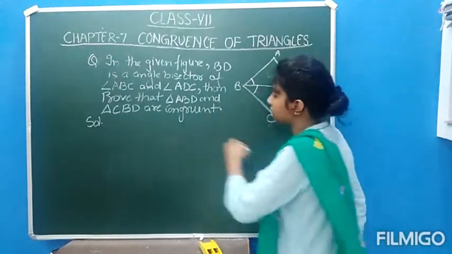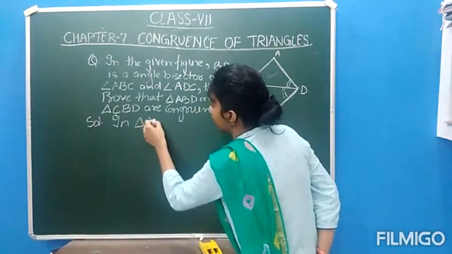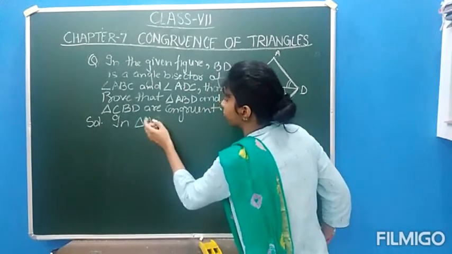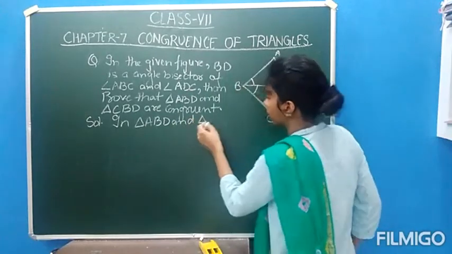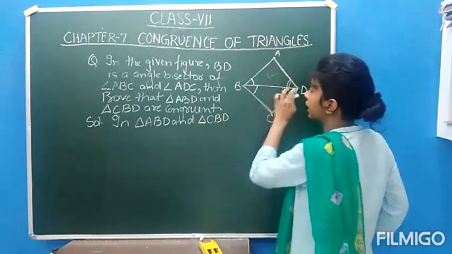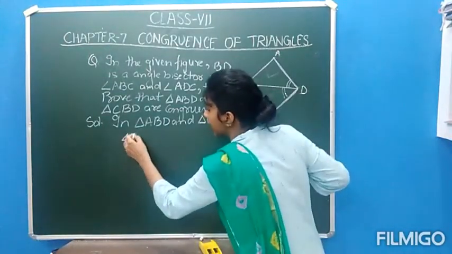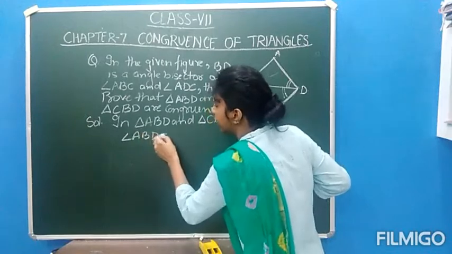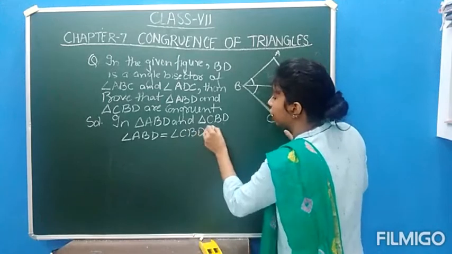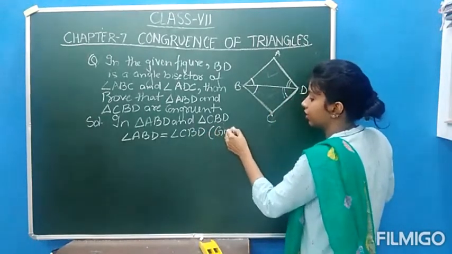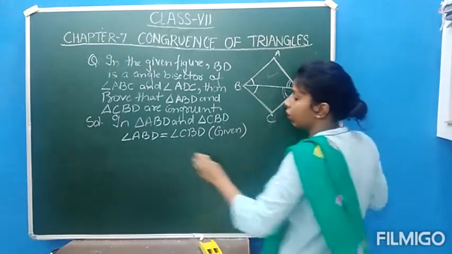So let's write: in triangle ABD and triangle CBD, what things are given? Angle ABD is equal to angle CBD. How? Because it is given that BD is the angle bisector, which means these two are equal.